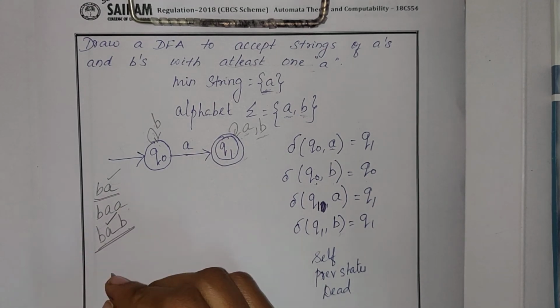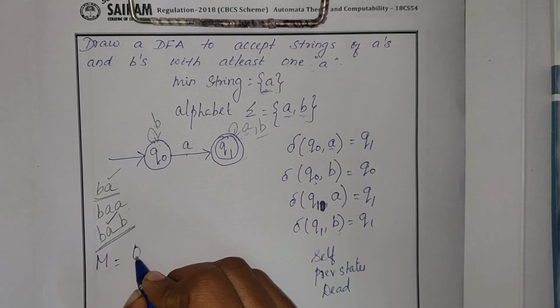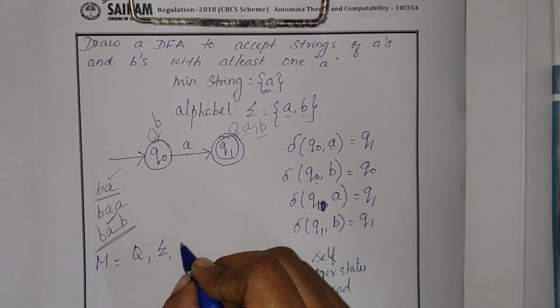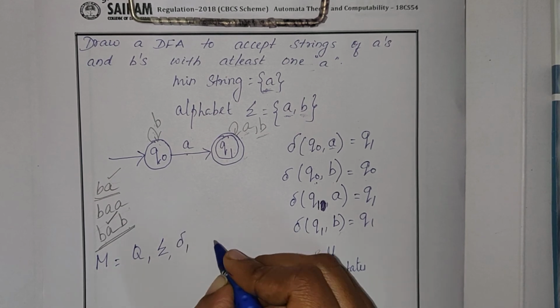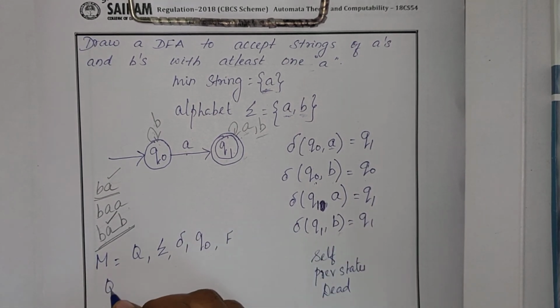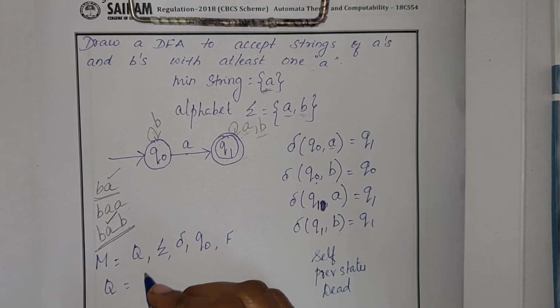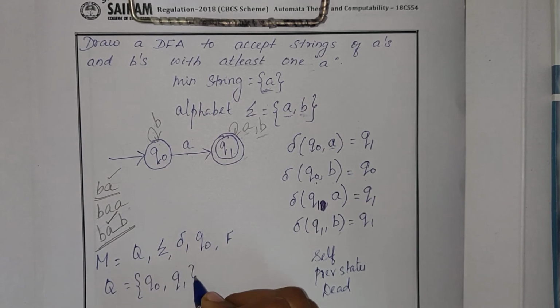What is the next step? I have to write my machine. Machine is equal to Q comma sigma, delta, Q0 comma F. It is a 5 tuple machine, my DFA. Capital Q is the set of all non-empty states. How many states do I have? Only 2: Q0 comma Q1.